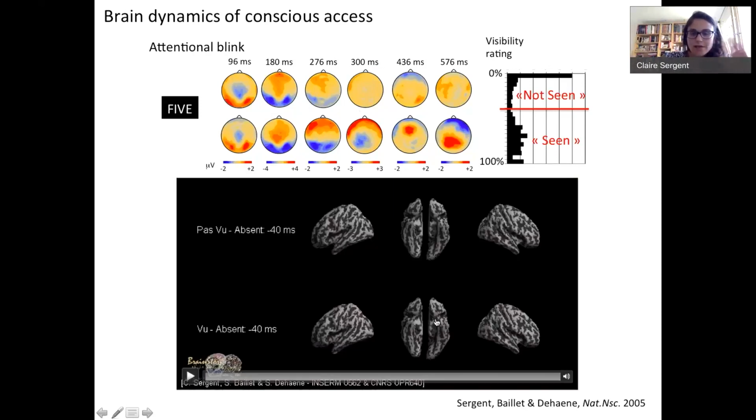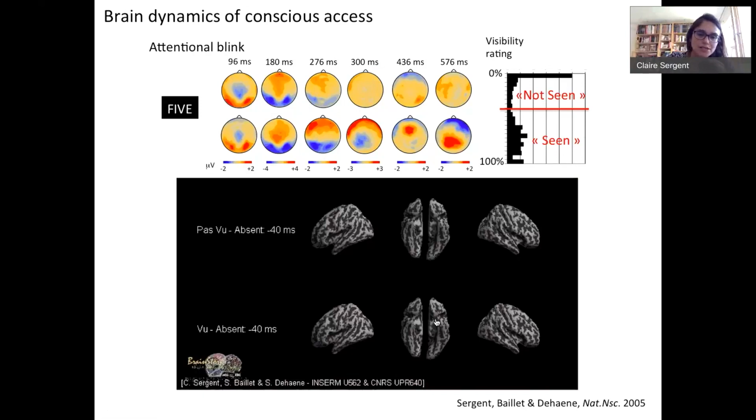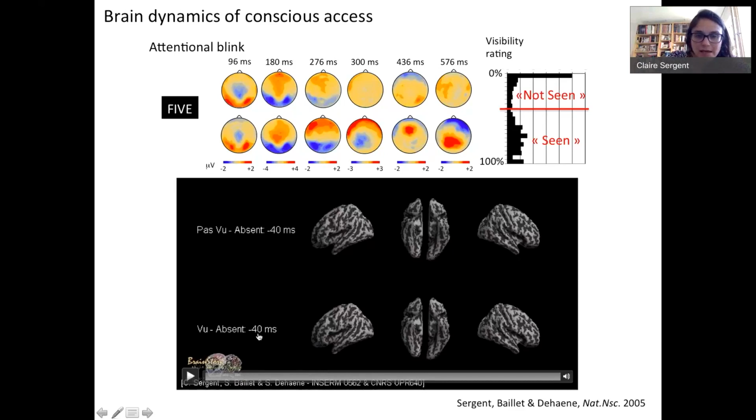And if we look at the source reconstruction, so that's EEG source reconstruction, so we must be careful. We can't build too strong a conclusion on that, but still you see they make sense. Here you see the activations when people have seen the stimulus, here not seen, and this is seeing the brain from below.